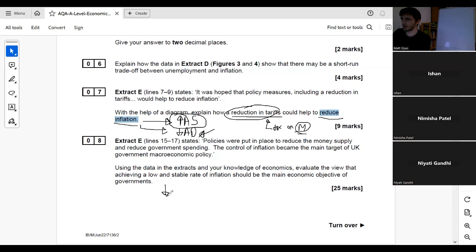So we have said decrease price of imports equals increased quantity demanded of imports equals increased value of imports equals decreased AD.